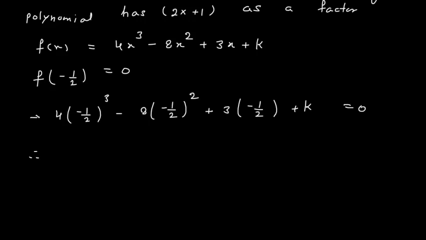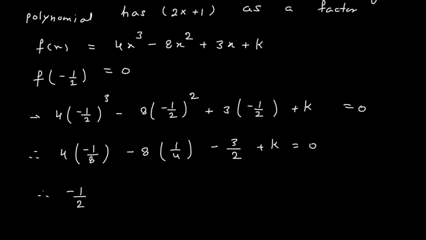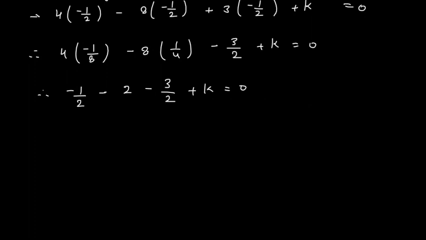So therefore 4 into this is minus 1 upon 8, minus 8 into this is 1 upon 4, minus this is 3 upon 2, plus k is equal to 0. So this is minus 1 upon 2, minus 2, minus 3 upon 2 plus k equals 0.